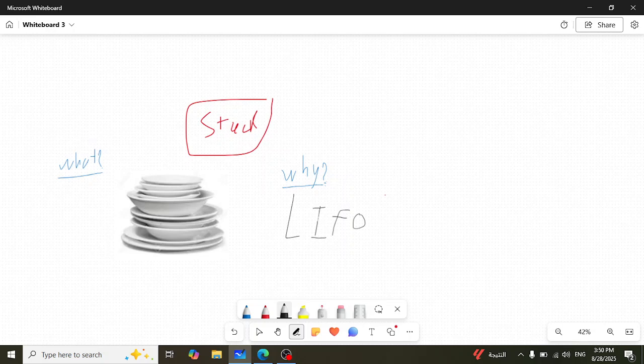LIFO is an acronym for last in, first out. Think about the stack of dishes. The last dish put in is the first dish put out of the stack. So, as a general approach, if our data should follow this style, we should think about the stack.